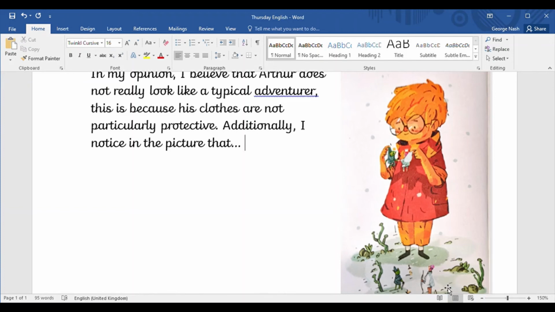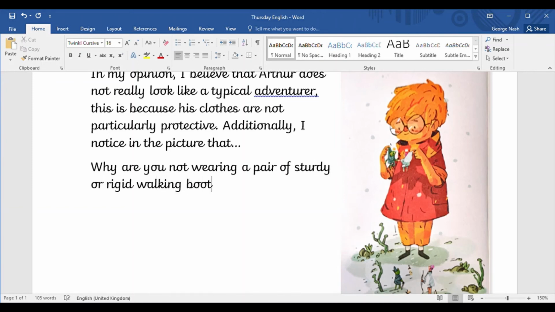You may want to write some questions in here, a sort of question you might ask Arthur if you got the chance. For example, a question I might ask is, why are you not wearing a pair of sturdy or rigid walking boots? Question mark. Do your feet not get cold in the snow?